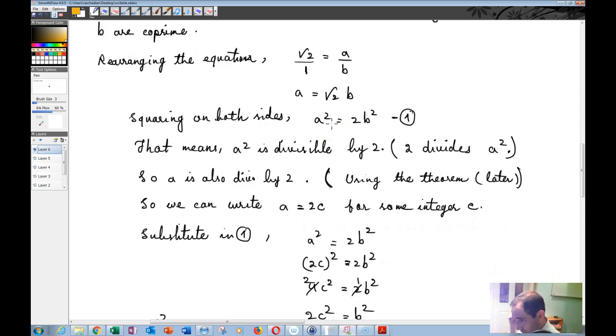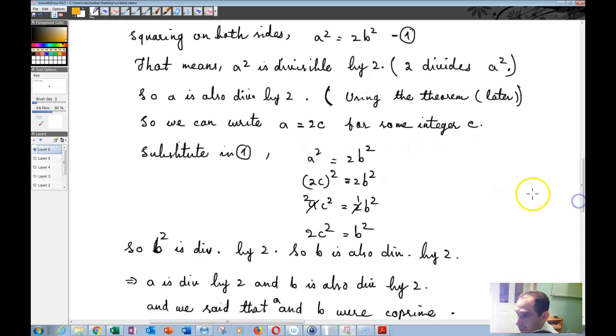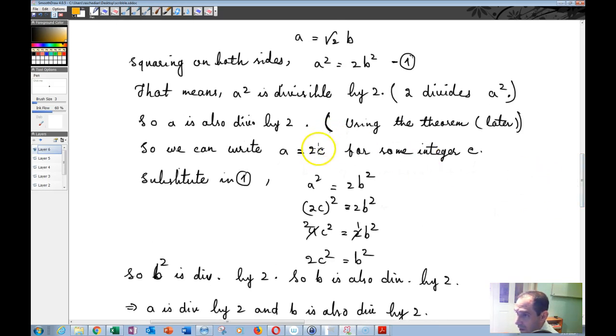So that's about A. So we can write A as 2 times C for some integer C, meaning that 2 is a factor of A. And then if you substitute A in this equation, A squared is equal to 2B squared, and A was equal to 2C, so 2C squared equals 2B squared, and so on and so forth.